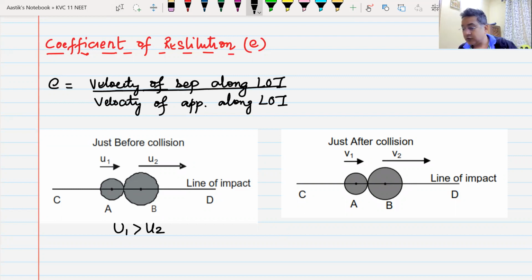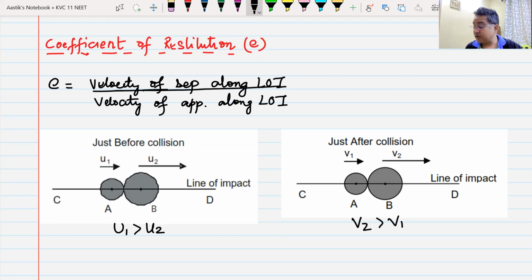Now after collision, what happens? The final velocity v2 of the body which is ahead is greater, this body moves fast and this body moves slow. So v2 is greater than v1.